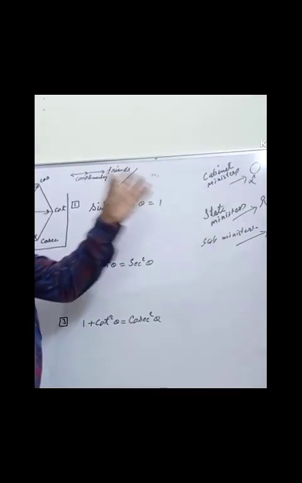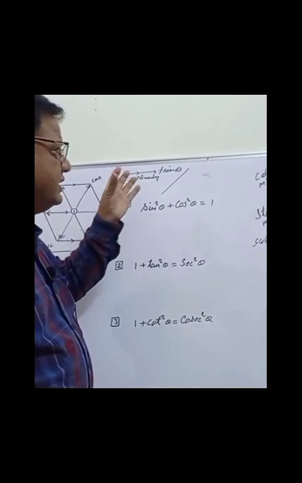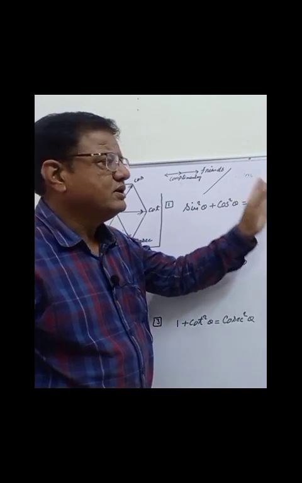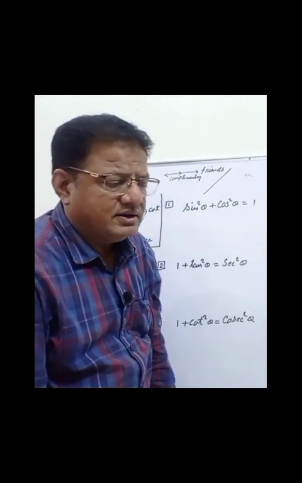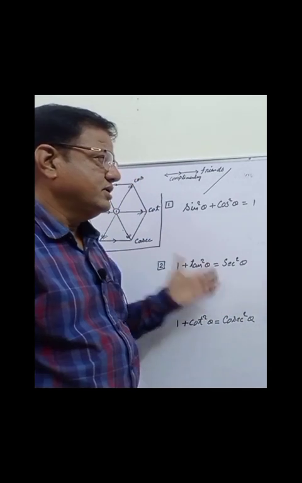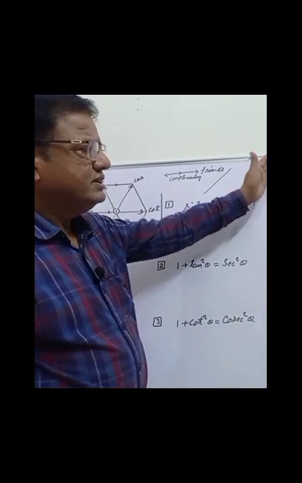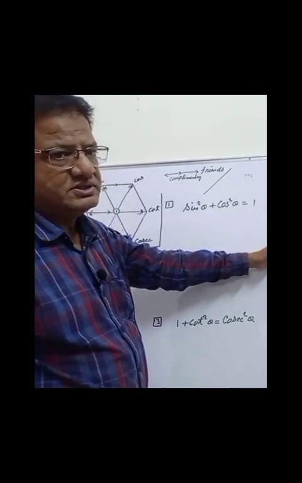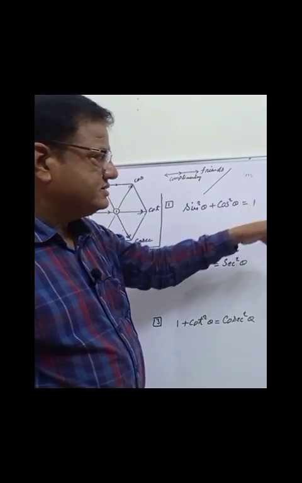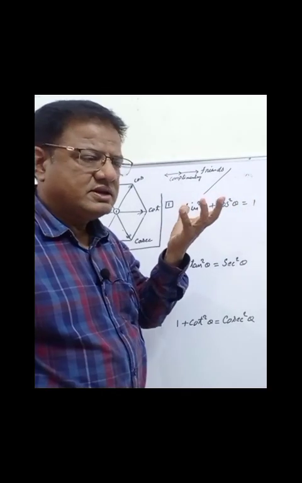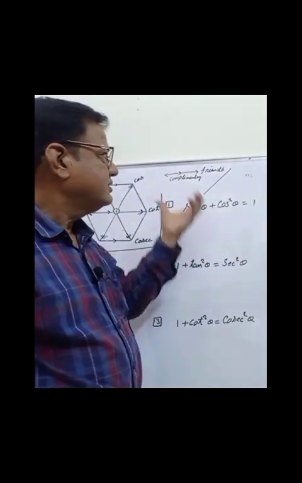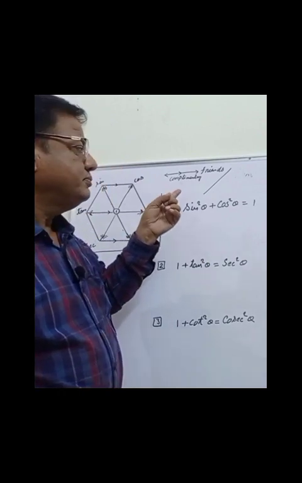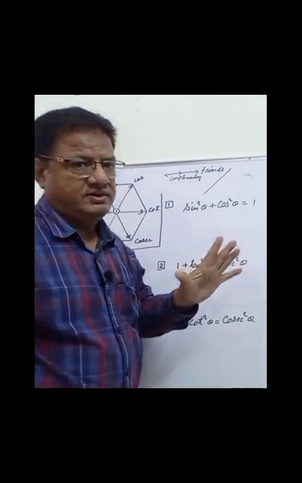This is only to help us remember the identities; this trick can decode them. Just as there are three categories of ministers, cabinet ministers, state ministers and sub ministers, we have three types of identities under trigonometry. The first identity is sin square theta plus cos square theta equal to 1.